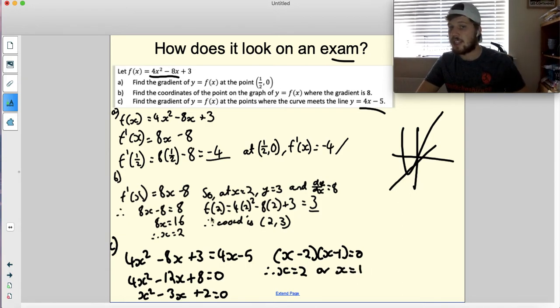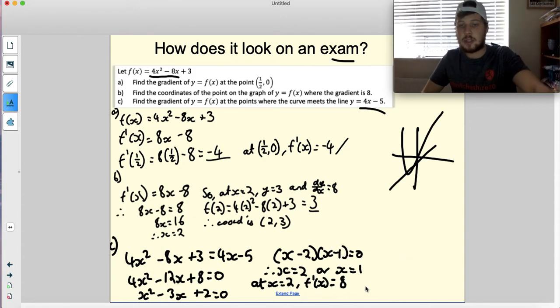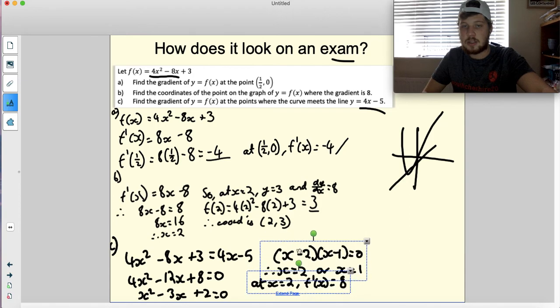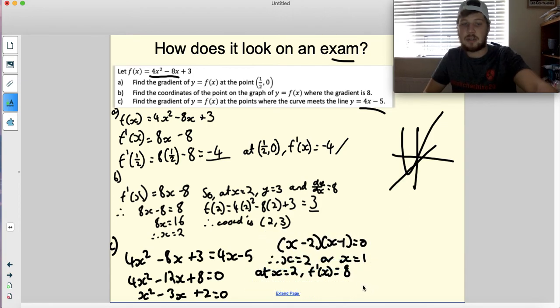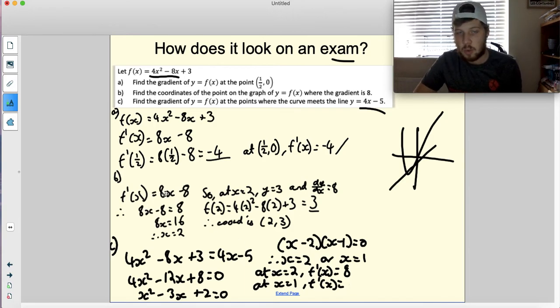Luckily I know the gradient when x equals 2, because at x equals 2 my gradient is 8, so at x equals 2, f dash of x, my gradient function, is equal to 8. Just so I can write down underneath, at x equals 1, my gradient function is going to be equal to, well, let's think about it, 8 times 1 is 8, subtract 8 would be 0.